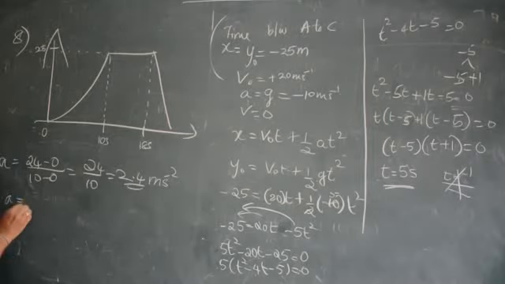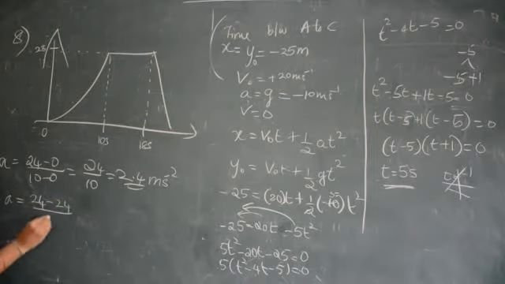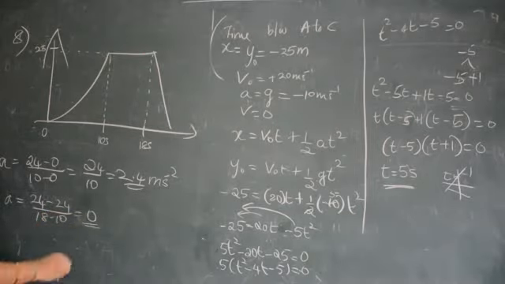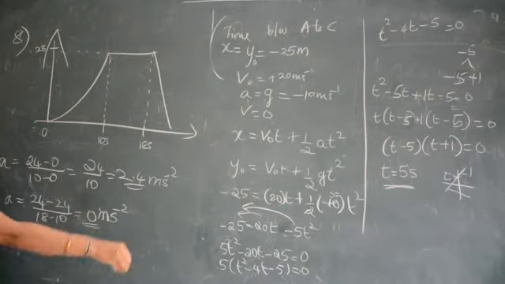So acceleration is equal to, how to calculate? 24 minus 24 by 18 minus 10 is equal to 0 meter per second square.